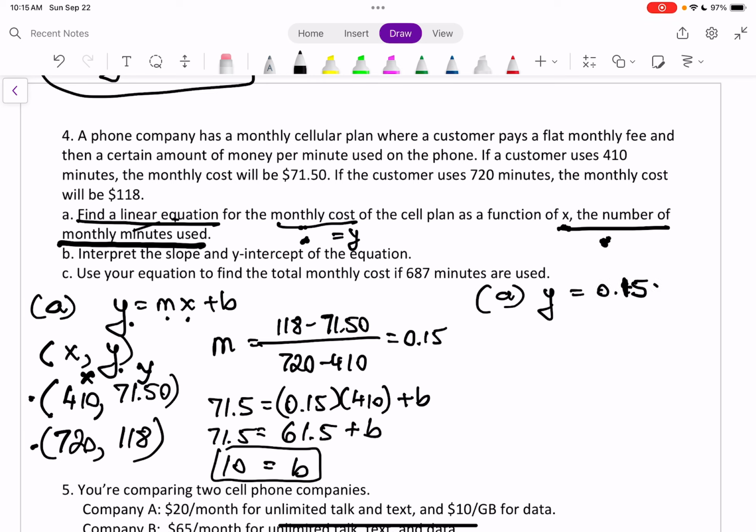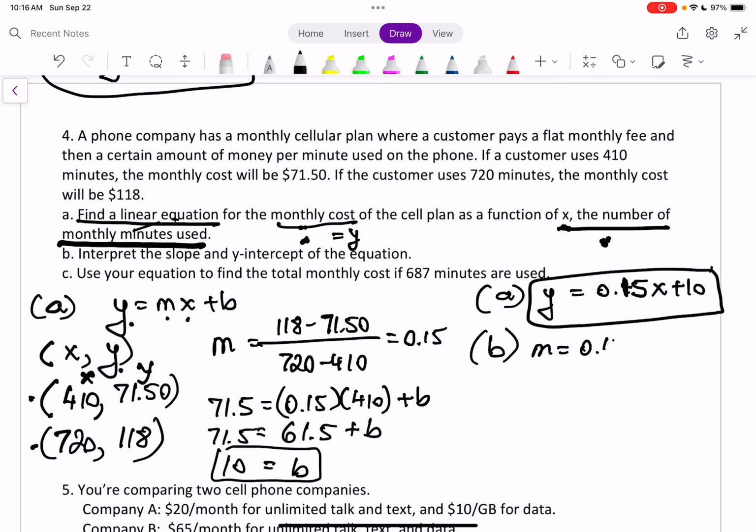0.15x plus 10. So in the last stories, we were given maybe the rate of change and the initial value, or the initial value and a certain other point. Now we were given 2 random points to come up with a linear equation. It says interpret the slope and the y-intercept. So the slope is your rate of change in dollars per minute.